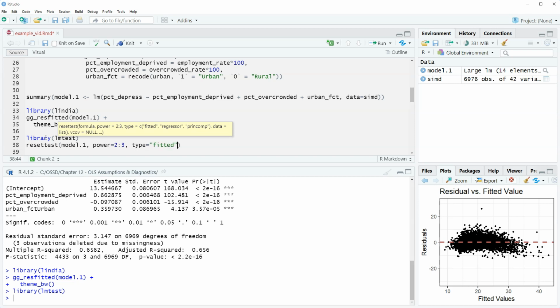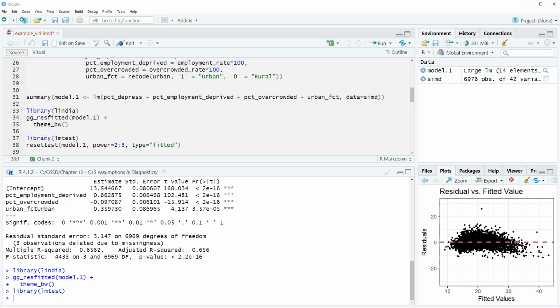What this test is doing is that it includes, and this is very common, a standard way of doing it, squared and cubed versions of the fitted values of y as predictors.